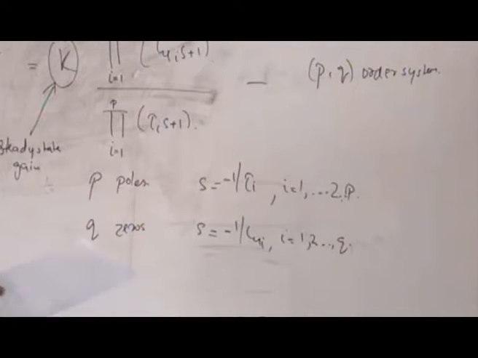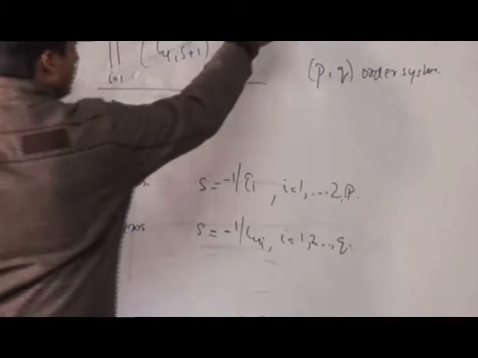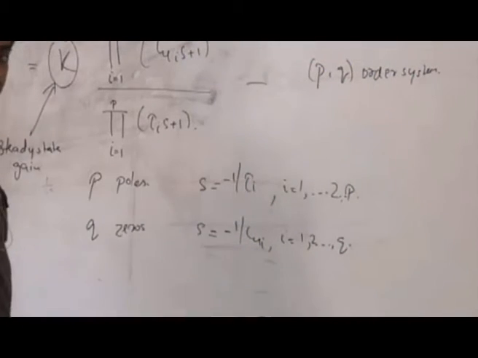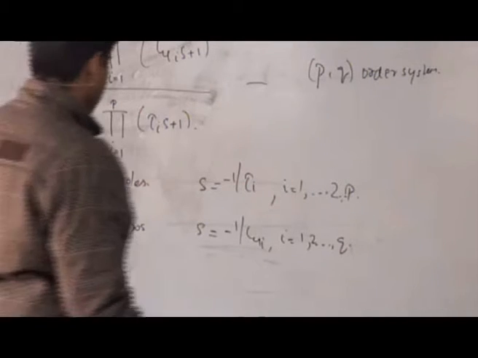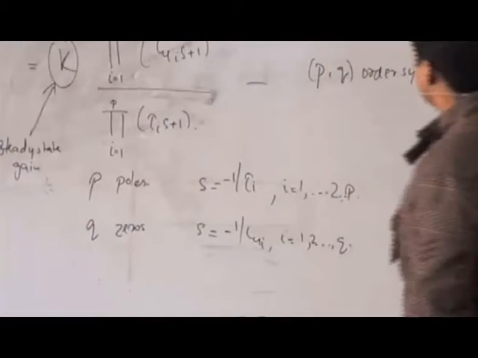Okay. So now there are some interesting facts about what could be the values of Q and P. There could be three cases which could occur.